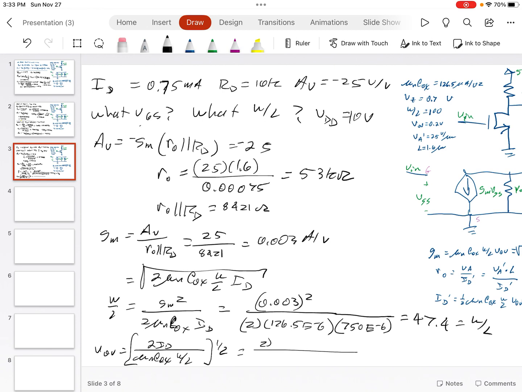So we'll put those numbers in. We've got 2, and we've got a current of 750 microamps, 0.00075, over 126.5 e to the minus 6 times 47.4.